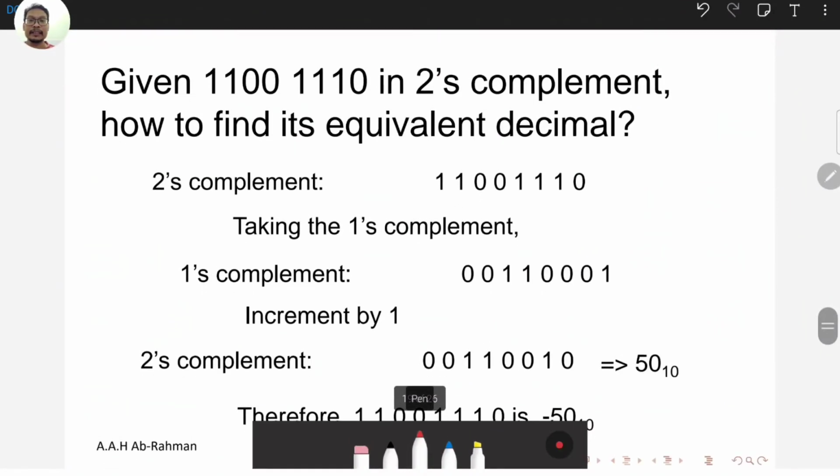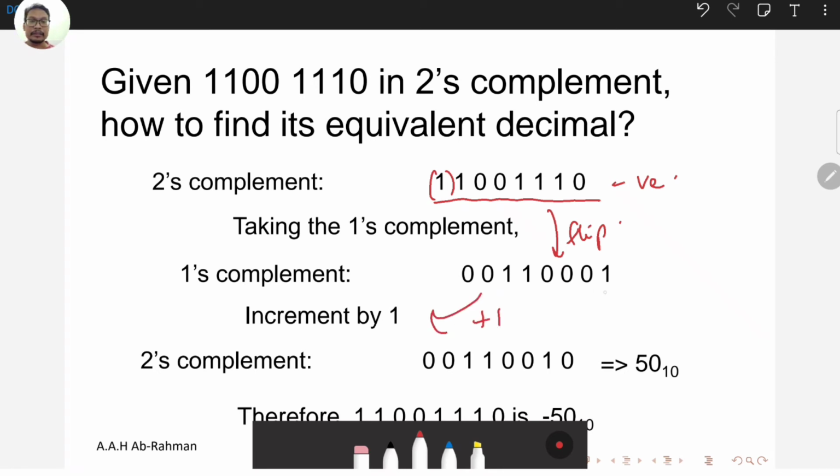Given 11001110, what is the 2's complement number in decimal? We know it's a negative number because there is a 1 in the MSB, but what is the actual number? What we do is flip every bit, i.e. take the 1's complement, and then plus 1.